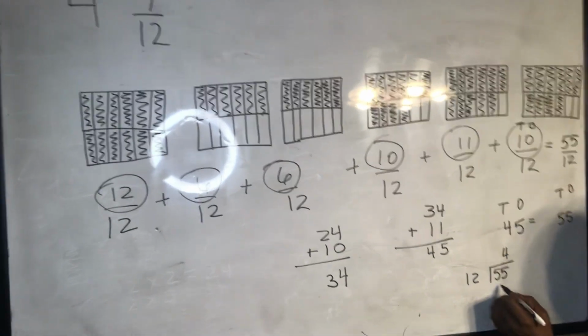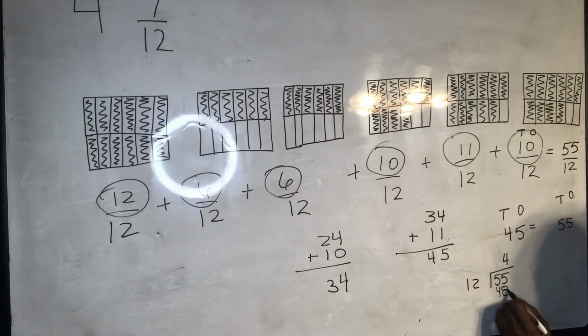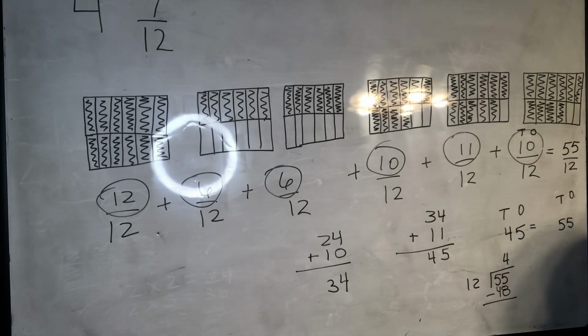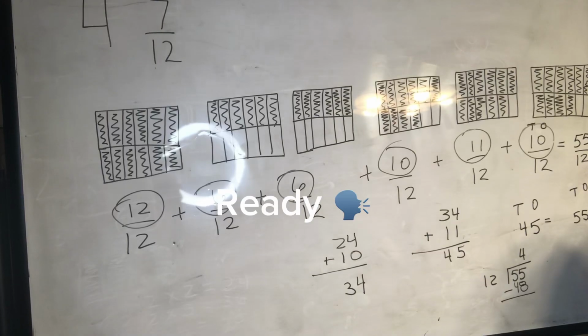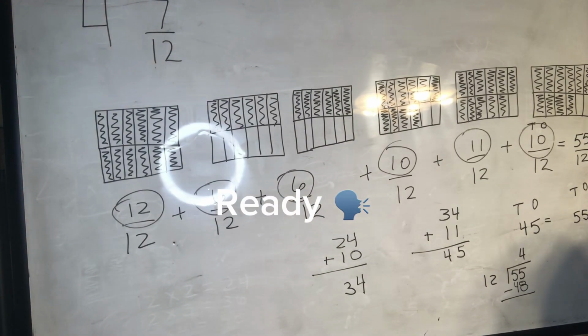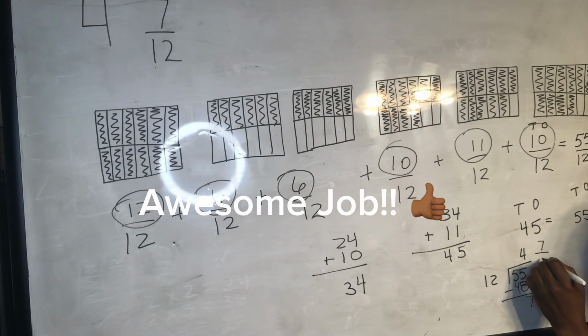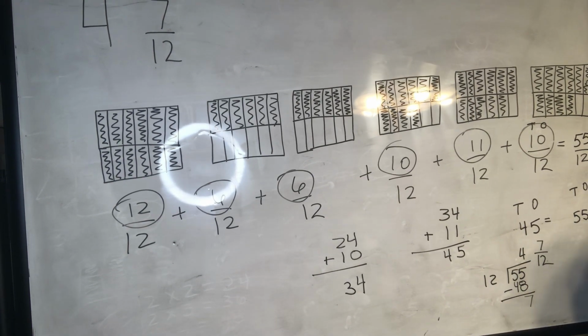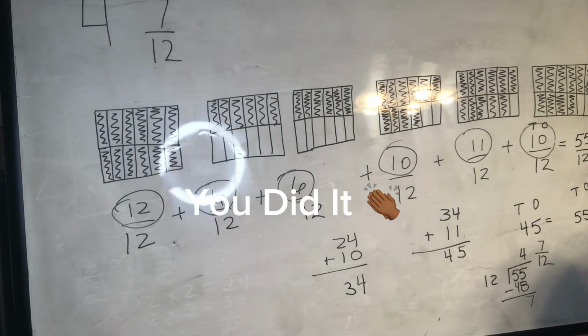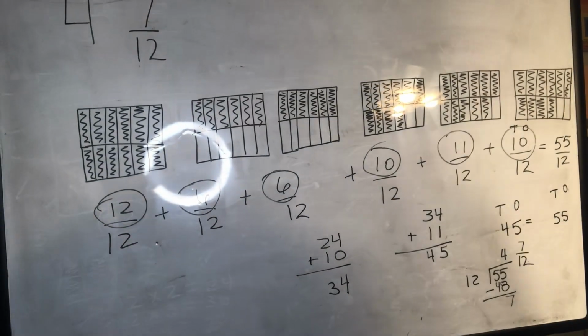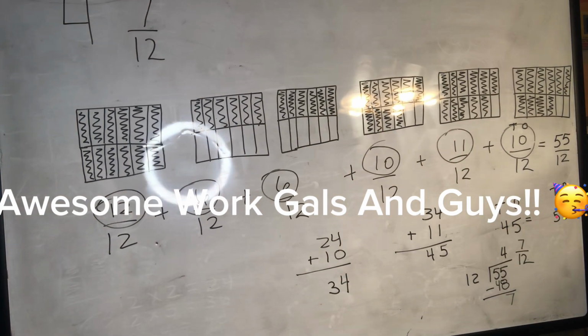All right, so 48 underneath the 55. Take away, we're at 48. Count up to 55. 49, 50, 51, 52, 53, 54, 55, 7. All right, that's how we got our 7 and 7 over 12, guys. So we got another way to decompose 4 and 7 over 12.